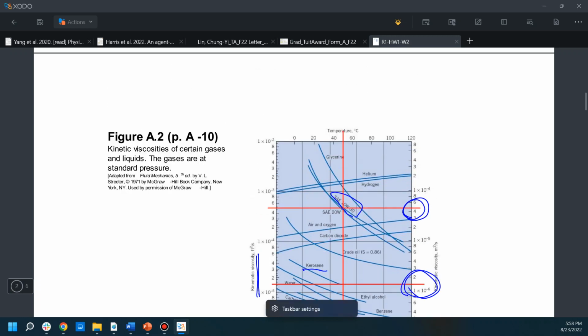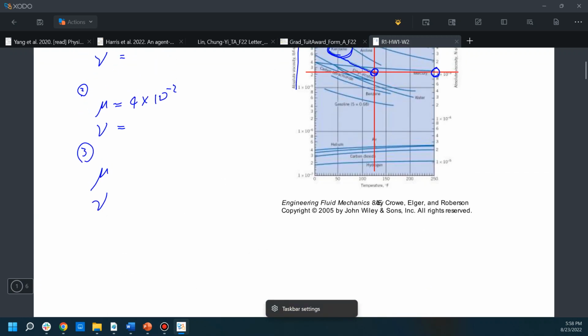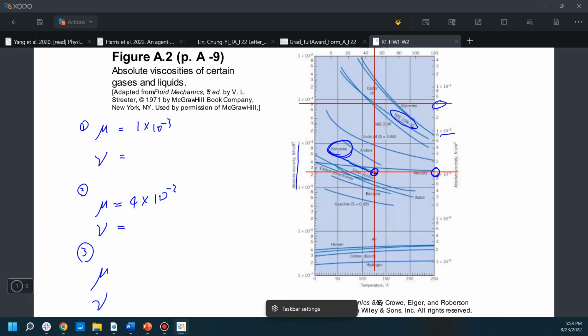Here I will just give you the values. For kerosene, the kinematic viscosity is 1.5 times 10 to the power of minus 6, and for the motor oil, it is 4.5 times 10 to the minus 5.